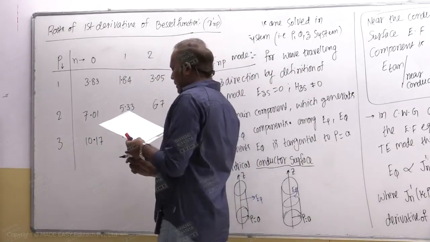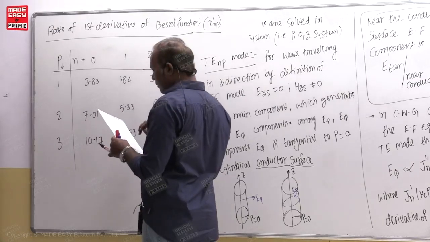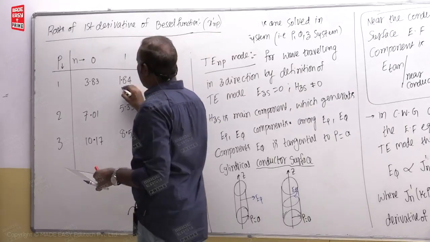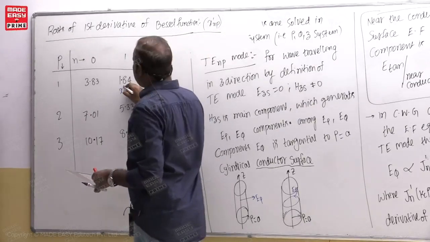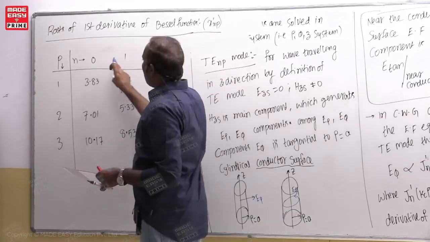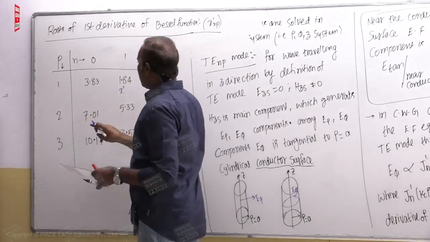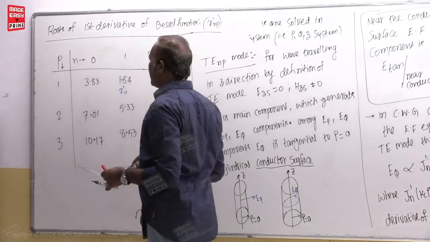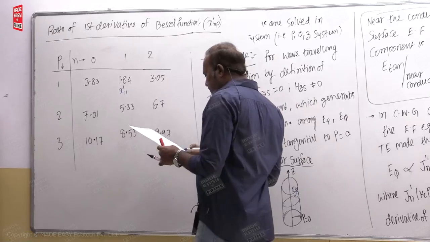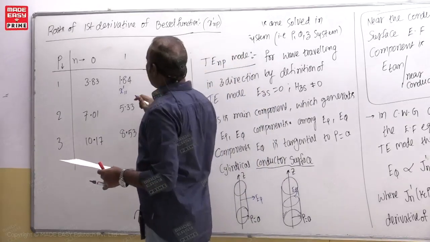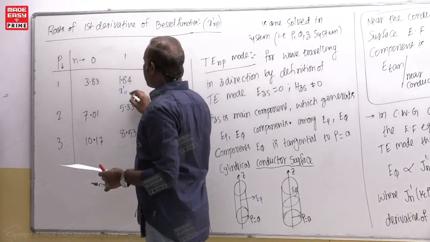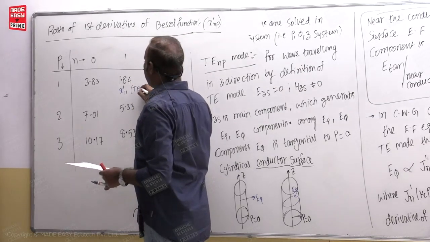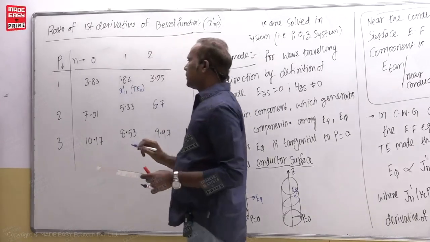Now I will tell you what is the name of this one. Like this you write x dash, n value is 1 for this, then p value is also 1 for this, x dash 1 1 it is called. So this x dash 1 1 is the root name. This first root is for the TE11 mode.